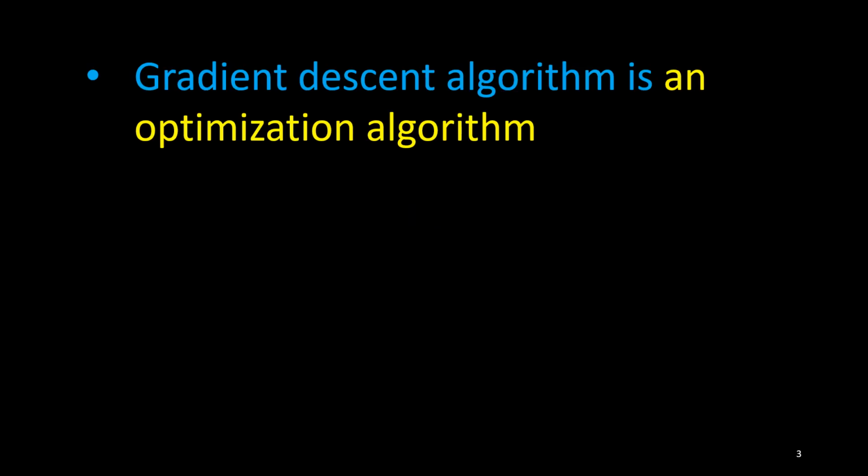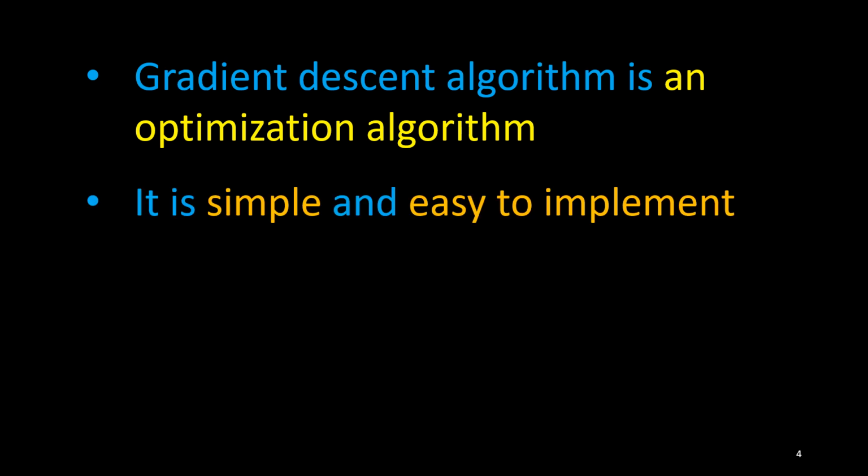Gradient descent algorithm is an optimization algorithm. It finds the minimum value of a cost function. It is very simple and easy to implement.